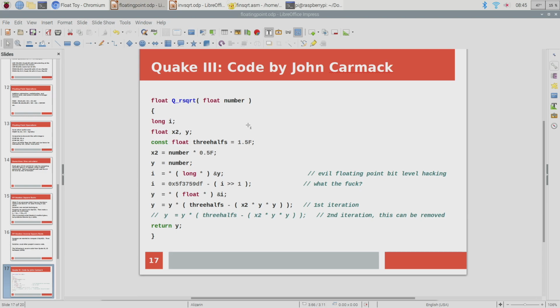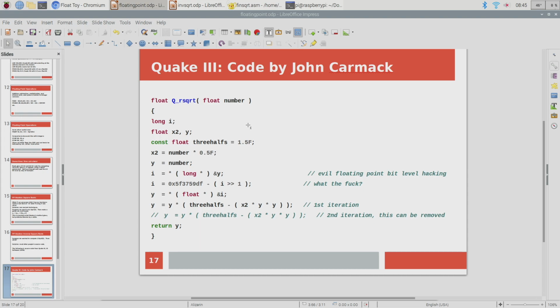All right, so let's take a look at this piece of source code, okay? This is from the Quake 3 source code, 1999. So the code itself was probably written in 98 or 97. Well, that's obvious, right?